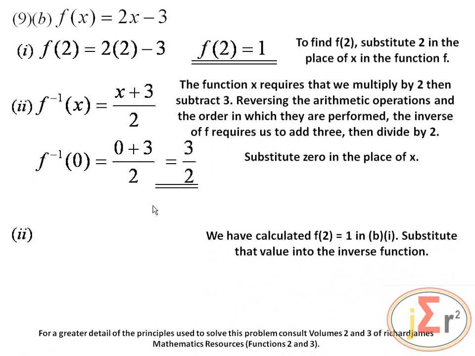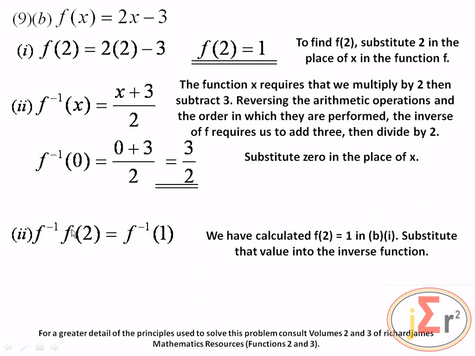Now we will proceed to find f inverse of f of 2. We may progress by finding f of 2, then causing the function f inverse to operate on the result. So we find f of 2, and whatever that value is, we cause f inverse to operate on it. However, we know already that f of 2 is equal to 1.